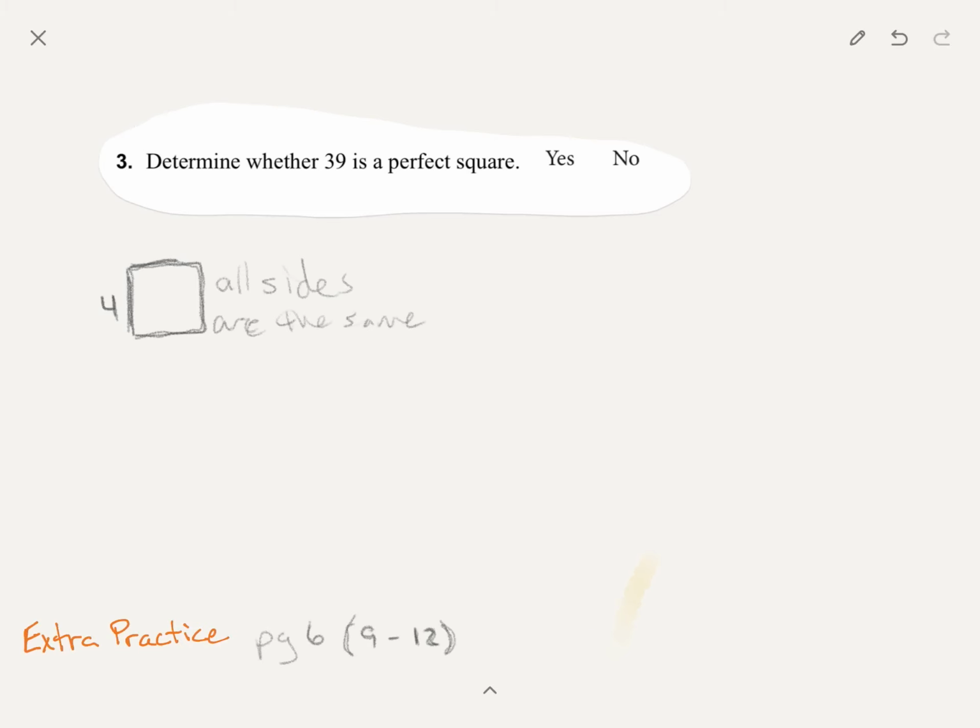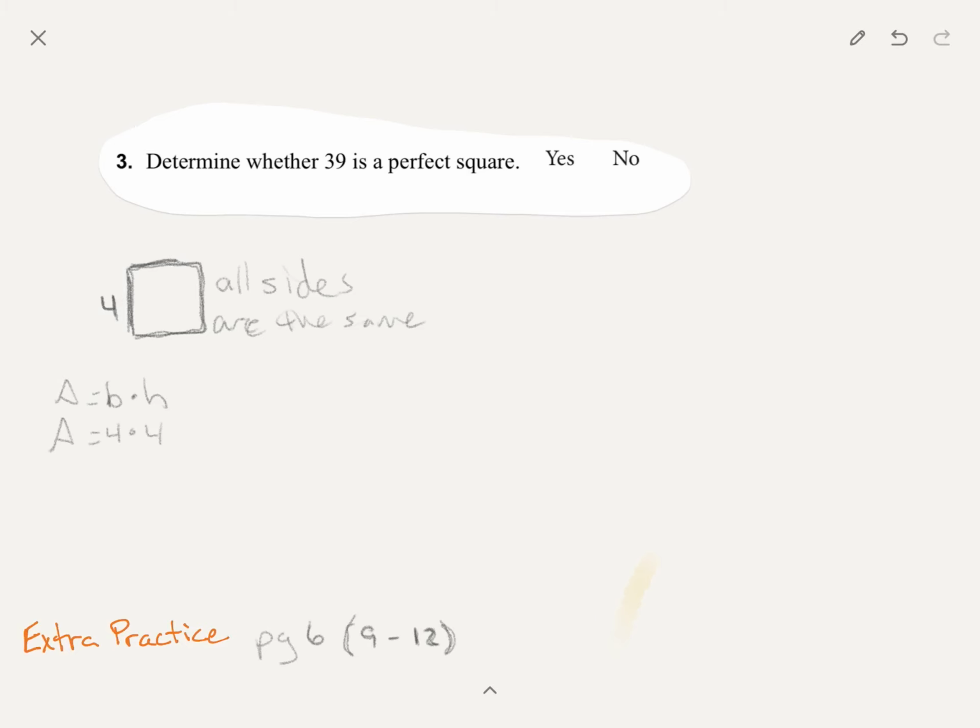So when we're trying to find the area of something, the area is base times height. Well, in this case, since all of them are the same, it's going to be 4 times 4, and that's going to equal the area. Now for something to be a perfect square, that means both sides are the same, so it's always a square.